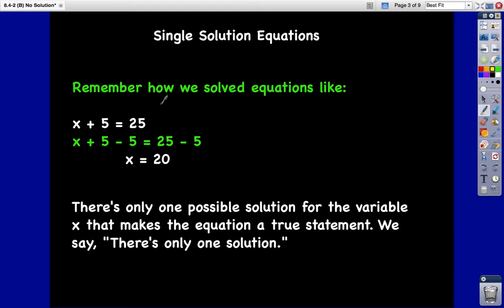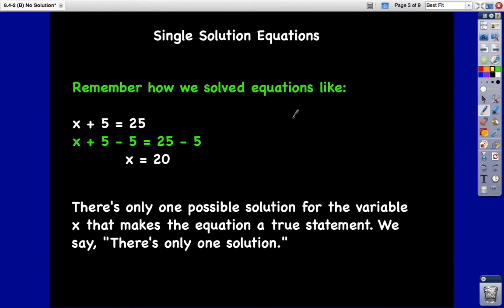Remember this, and I showed you this on the last video: single solution equations result in x equals something. There's only one possible solution for the variable. We know there's only one solution because x equals something specific.